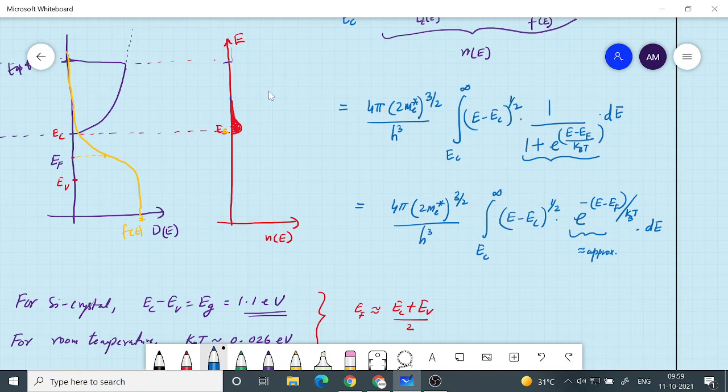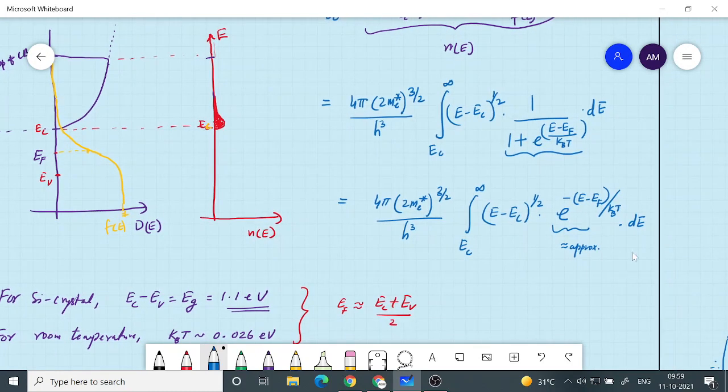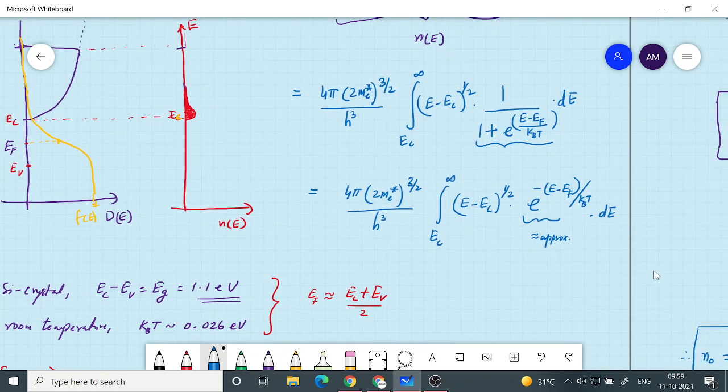But by imposing the final expression, what we are saying is that instead of looking at energy states being occupied in the conduction band in a distributed manner, assume as if you have some density of states at this location, which is NC, and out of that number of states, some of them are getting occupied.